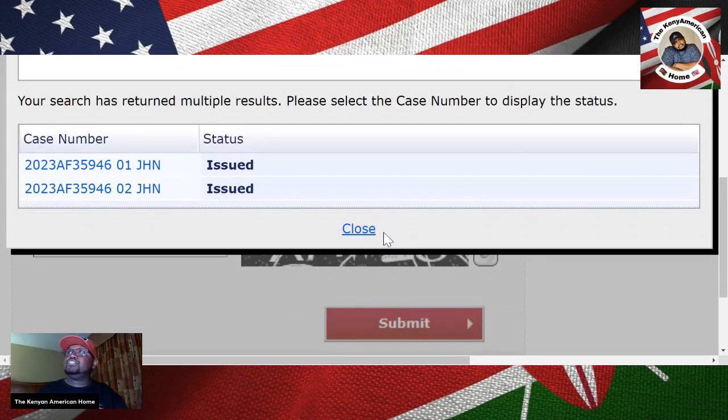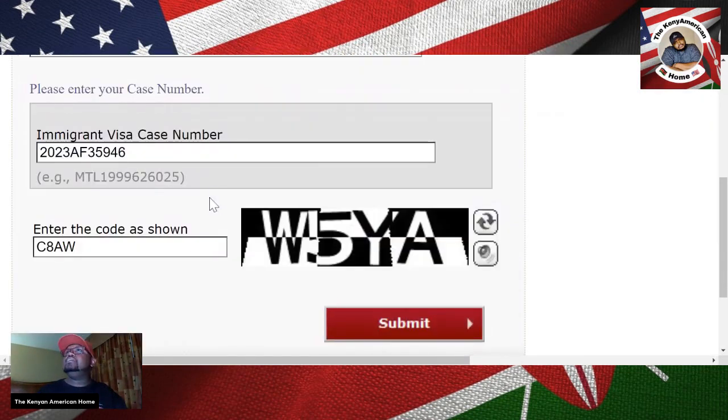Got their visa issued, and there's also a country that is close to my country, Kenya, and it's farther away from North Africa.